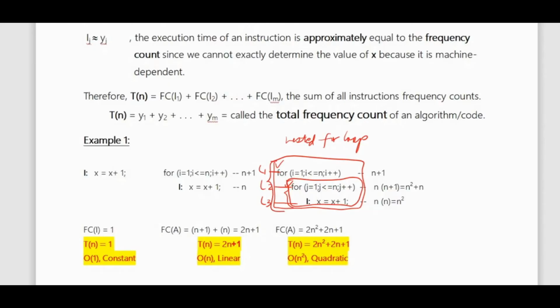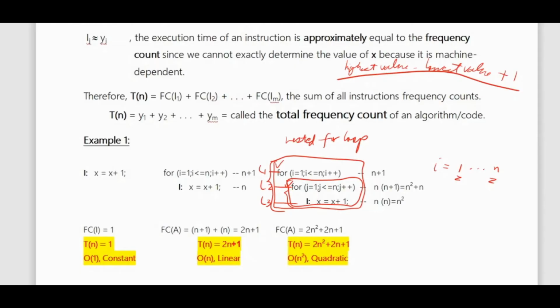Now, the outer for loop iterates how many times? The control variable of the outer for loop is I, and that is from 1 to n. So this is the upper limit and the lower limit, or the highest value of I and the lowest value of I. From the formula we have a while ago, highest value minus lowest value plus 1, that's the formula for getting the number of iterations.